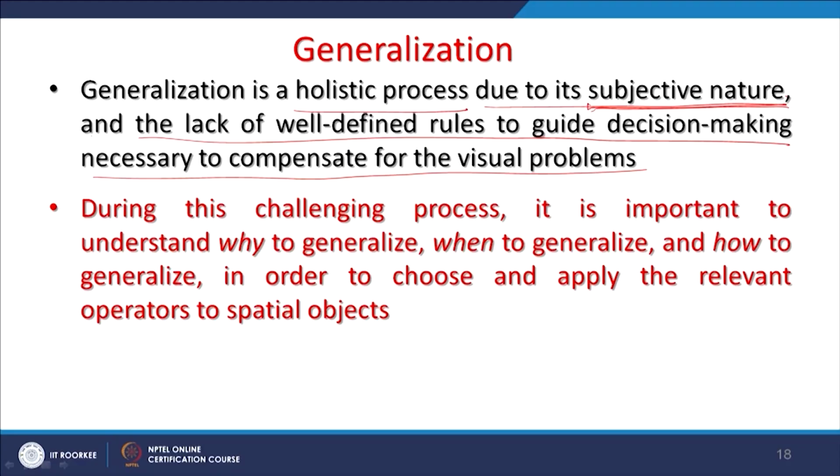Sometimes you may find it a very challenging process to understand how to generalize, when to generalize and why to generalize. Why to generalize, as I have said: if there is a change in scale, going from large scale to smaller scale, I do not want too many details, so I will go for generalization.